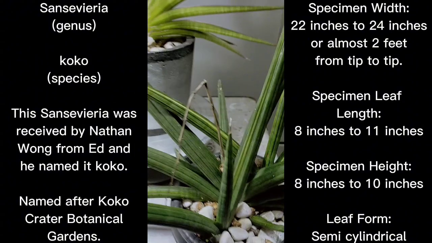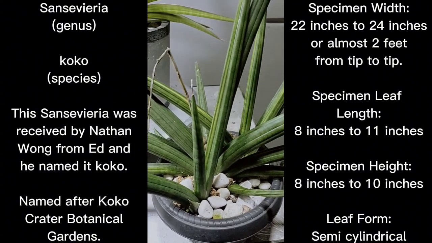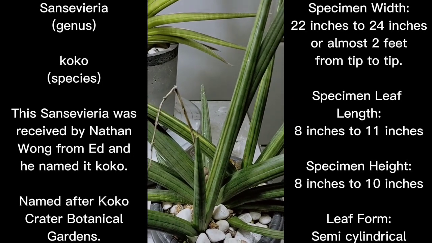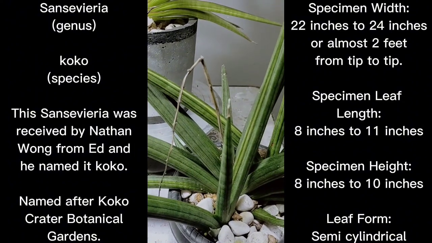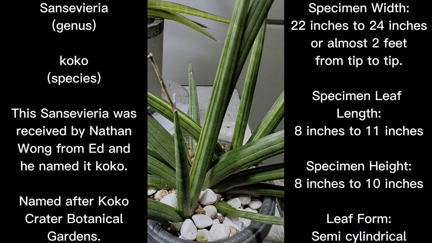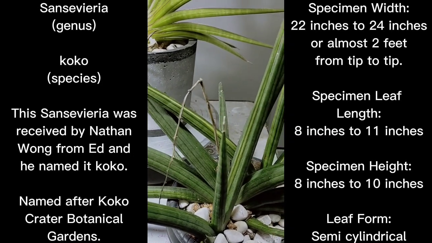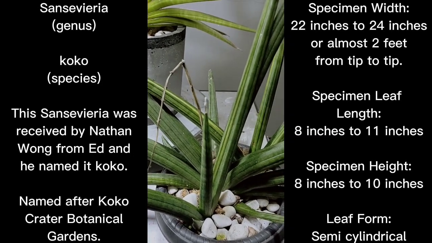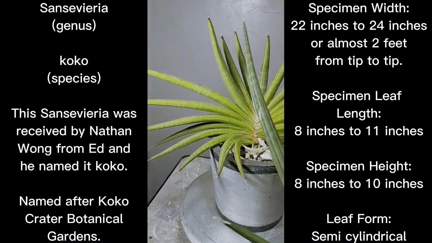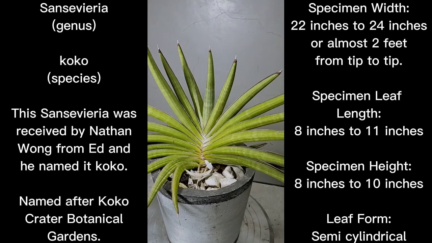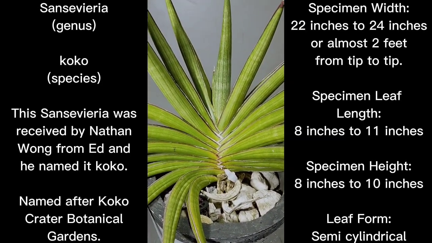I am not sure how Jankowski was able to get his conclusion as to why he would say that it is a hybrid Sansevieria, because as per what I'm reading, patens and koko are Sansevieria species found in probably parts of Kenya. That's as per what I have read so far.